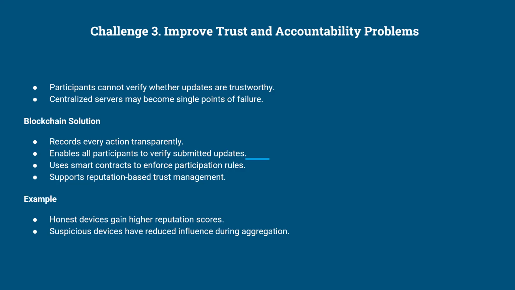Whereas some device updates may affect the original global model. Such updates are recorded and identified, and once identified, a lower score is assigned. By giving lesser influence to such suspicious devices during integration, we improve the accountability and the trust problem of the entire system.